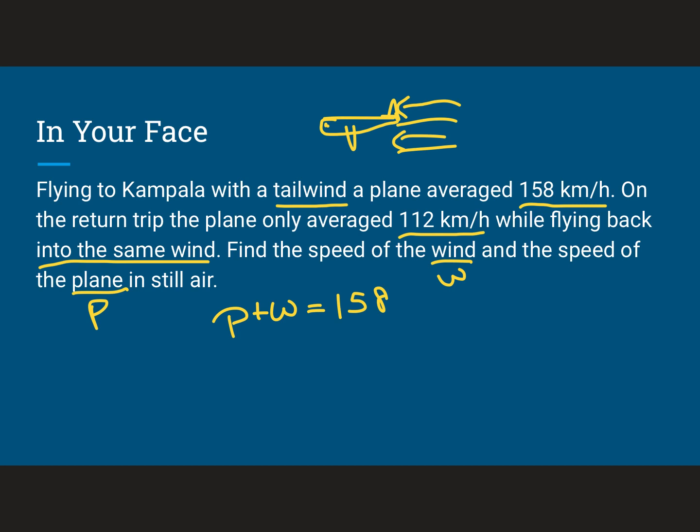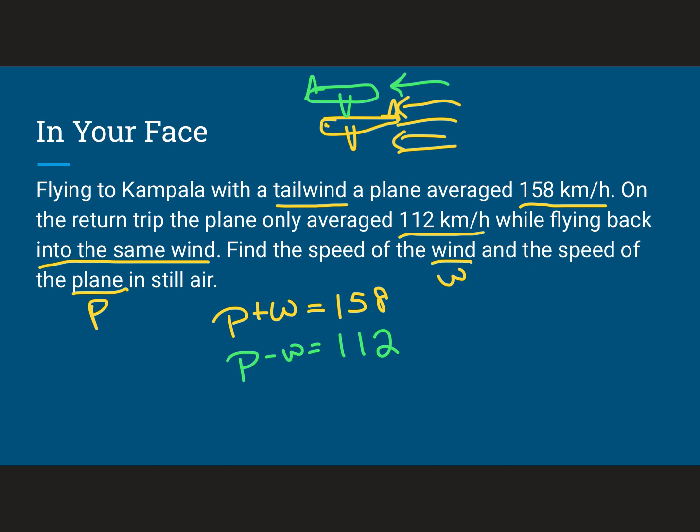But when the plane is coming back, it's flying back into this same wind. And now the wind is pushing against it. So in that case, the plane is going to subtract the wind equals 112.